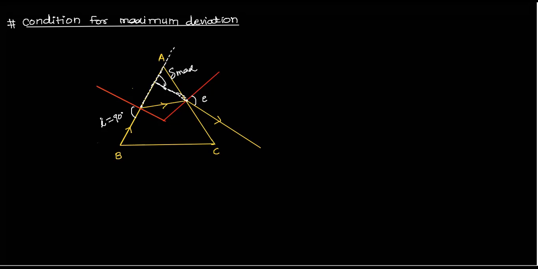Whatever this angle is, that is your delta maximum, the angle of deviation. So if you calculate this delta max, you will get 90 plus angle of emergence minus A. What is this angle A? The prism angle.